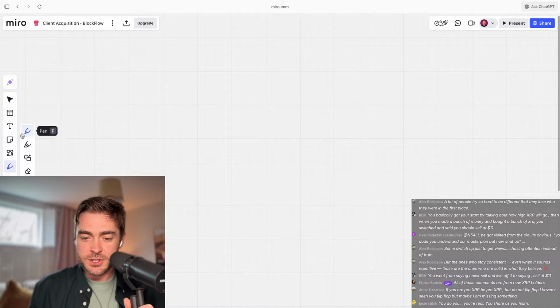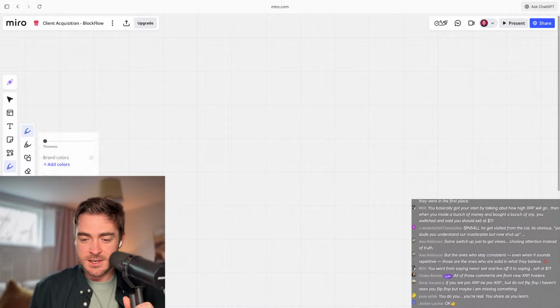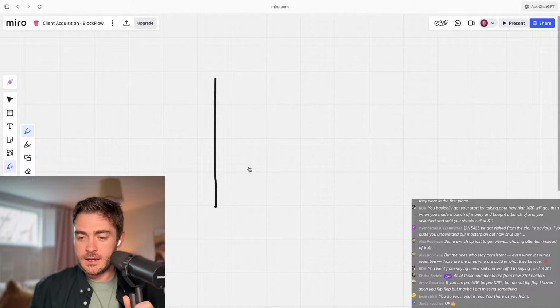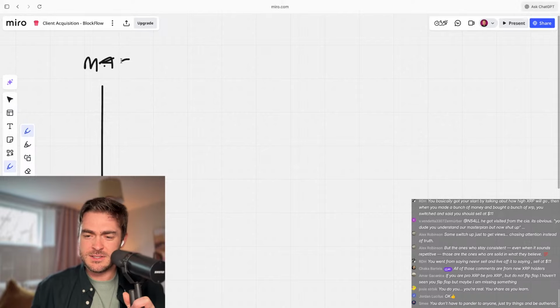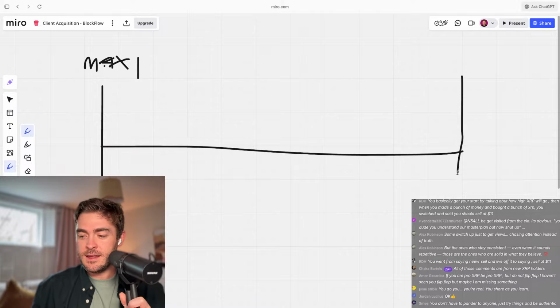So you've got, let's try and get this nice and thick so we can see it. Right over here, this is XRP Maxi. Oh my goodness, typing with a trackpad. This is XRP Maxi. This is the scheme of things, right? This is someone anti-XRP, so I'll put a negative XRP.